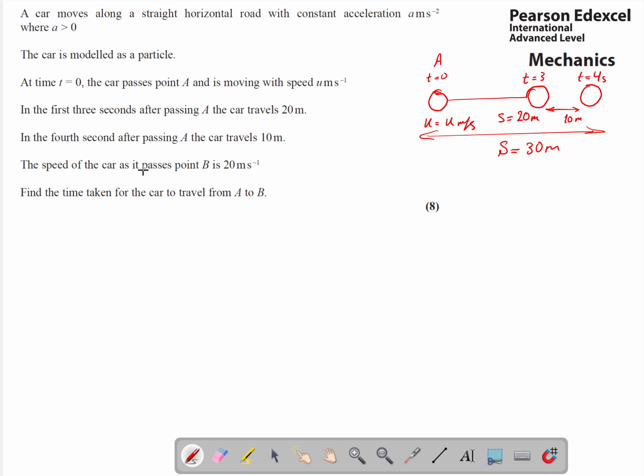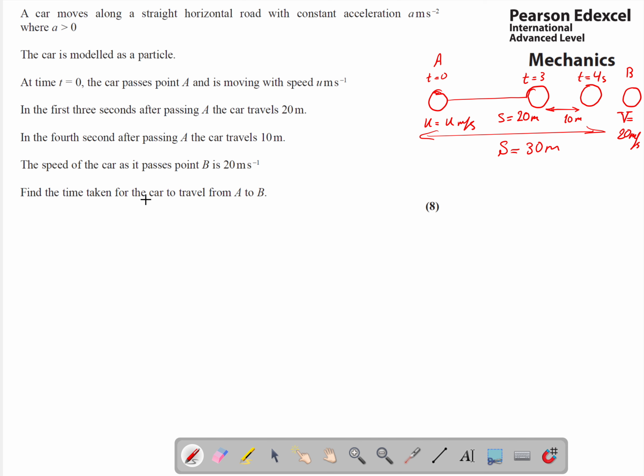The speed of the car as it passes point B is 20 meters per second. So we have another point B, for example here, and the velocity here, since it is the final velocity, equals 20 meters per second.